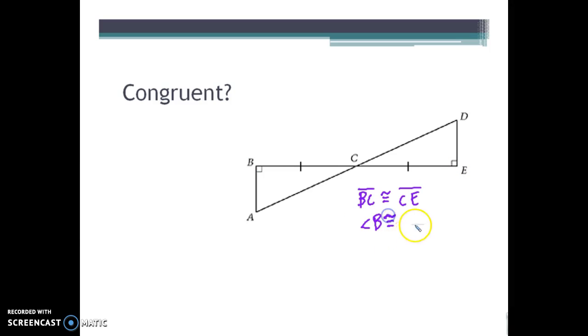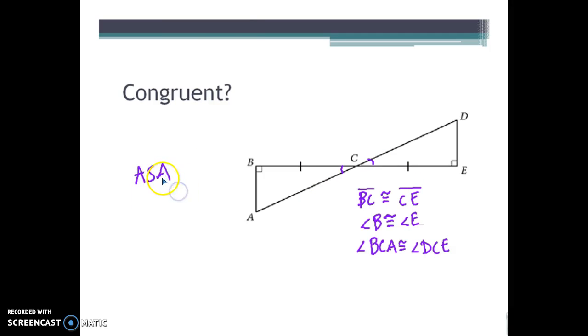So we've got a side and an angle, and nothing else is marked on here, but we have two intersecting lines, so we've got vertical angles. So I can say angle BCA is congruent to angle DCE. Now I've got two angles and a side, with this side touching both angles. So this side is an included side, which means it's congruent by angle, side, angle.